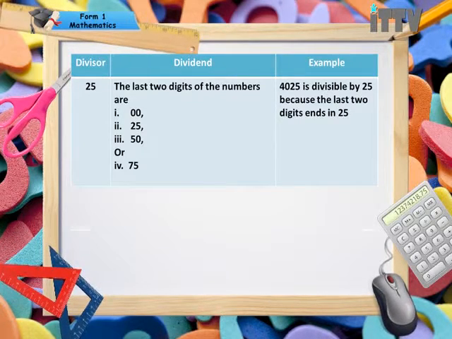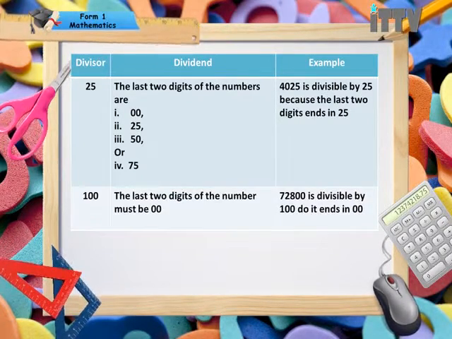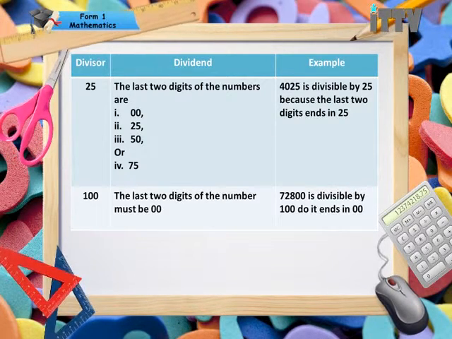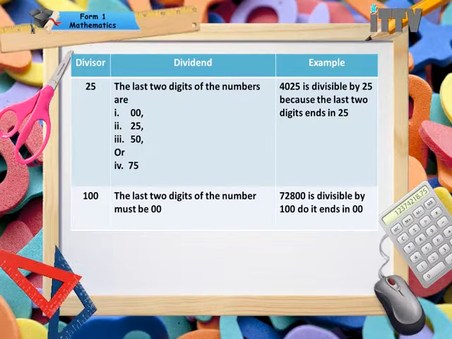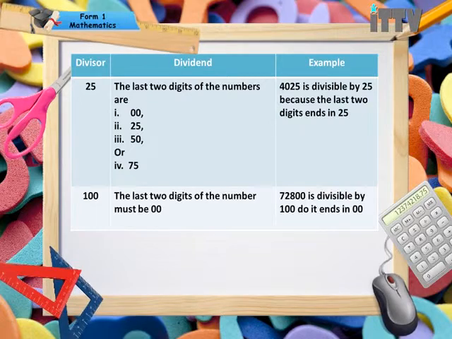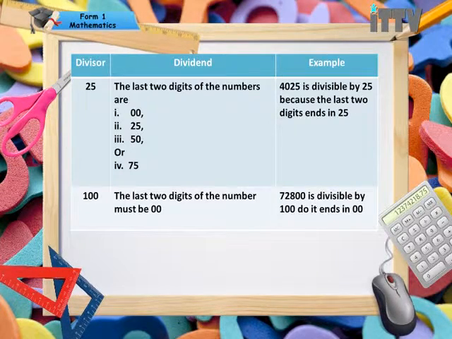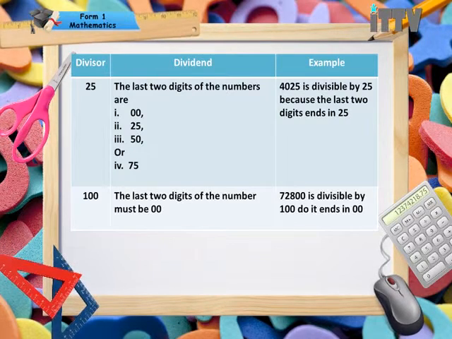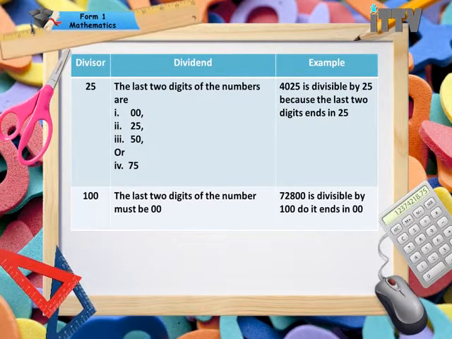Let's check out one last divisor, 100. The last two digits of the number must be 00. For example, 72800 is divisible by 100 because the number ends in 00.